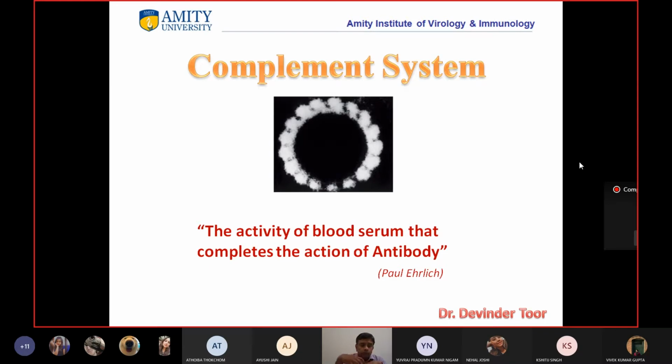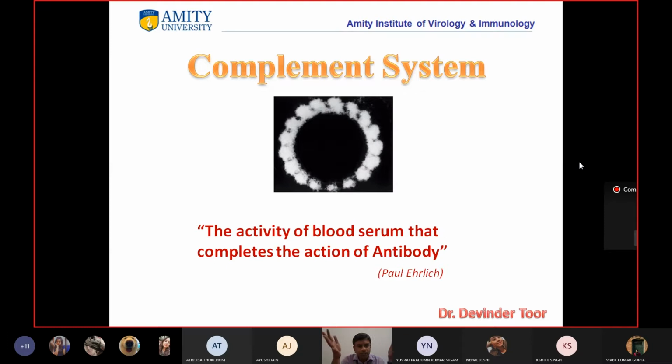So something in the blood that completes the action of antibody. You know antibody. What antibody does is it binds to the antigen, right? But that is not the ultimate goal of antibody.